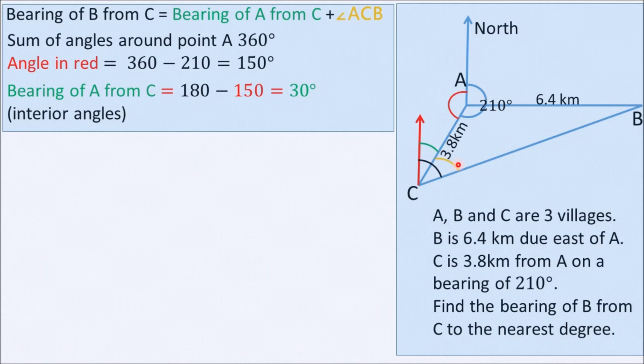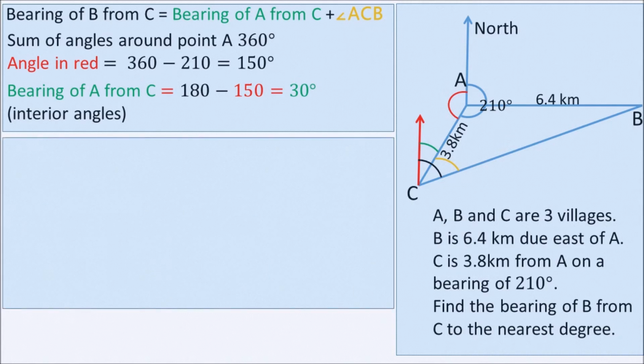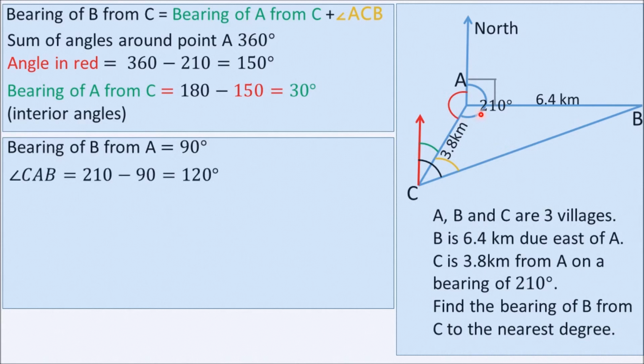We notice from the wording of the question that B is exactly east of A, and we know logically that the angle that the north makes with the east is equal to 90 degrees. Therefore, angle CAB, which is this angle, would be equal to 210 minus those 90 degrees. This is equal to 120 degrees.